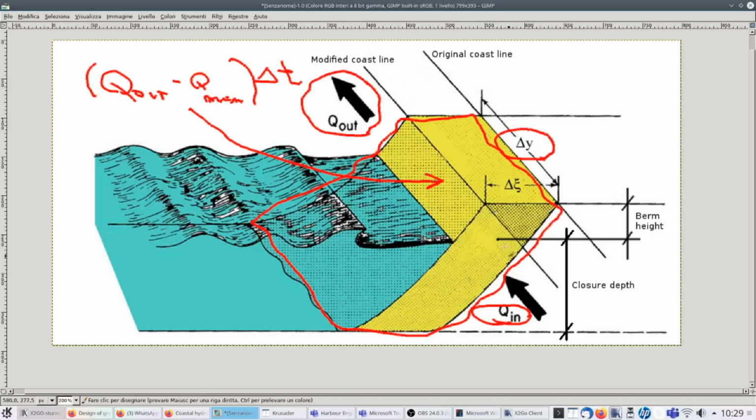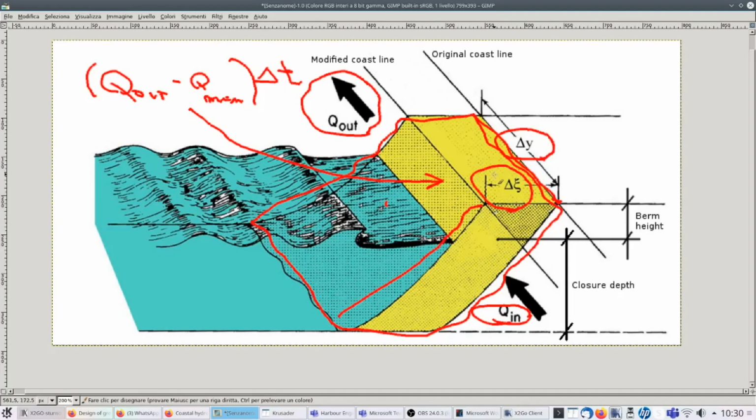If we divide this yellow volume by delta y and by the sea depth at the breaker line, which is an approximation of this, then we get an estimate of delta xi.